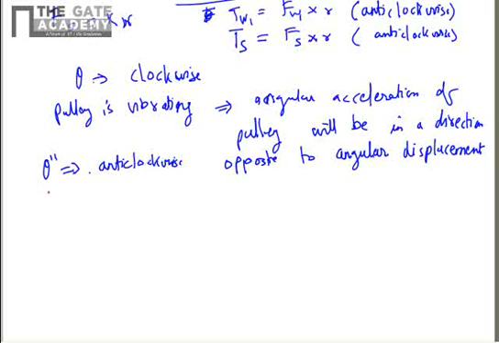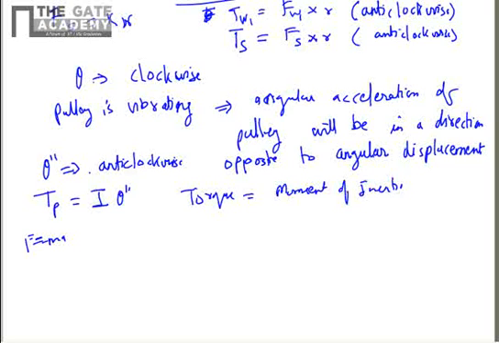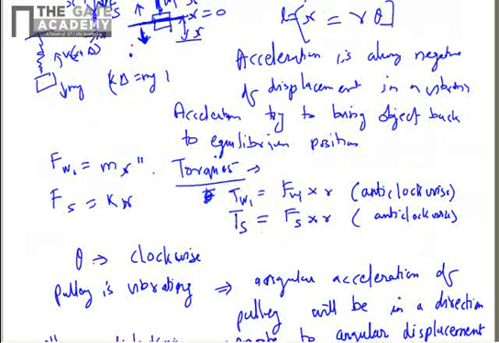So if you consider that force also, the torque of the pulley will be equal to the moment of inertia of the pulley multiplied by theta double dash. Like you have F equal to ma, similarly, in angular system you have torque equal to moment of inertia multiplied by angular acceleration. So I is the moment of inertia, angular acceleration is theta double dash.